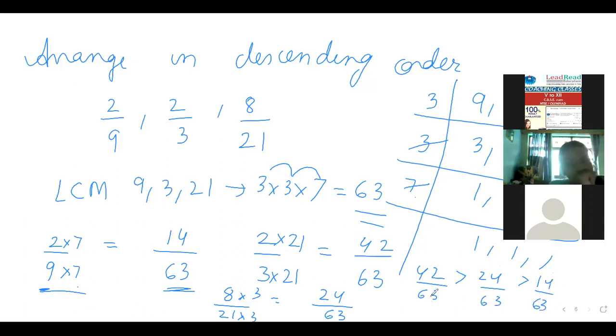So now you need to change them back to their original form. 42 upon 63 is 2 upon 3, and 24 upon 63 is 8 upon 21. And last, 14 upon 63 is 2 upon 9. So the highest is 2 upon 3. This is first, then this is second, then this is third.